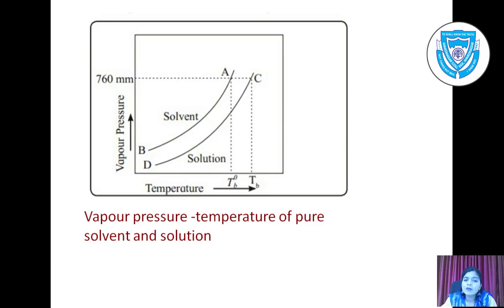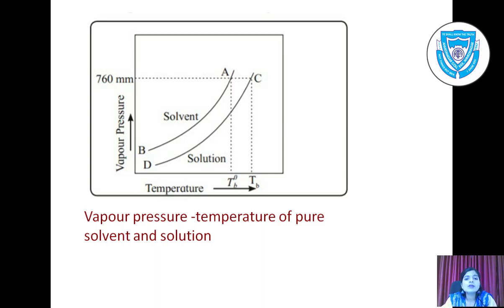Now why is boiling point elevated? What exactly happens? See, at the boiling point of a liquid, its vapor pressure is equal to 1 atmosphere. In order to reach boiling point, the solution and the solvent must be heated to a temperature at which their respective vapor pressures attain 1 atmosphere. Initially the pure solvent was boiling at 1 atmosphere.